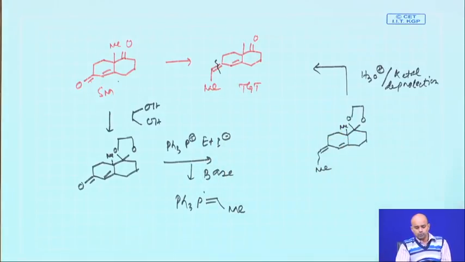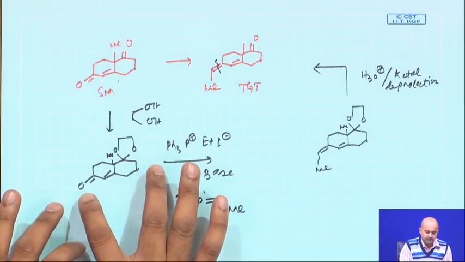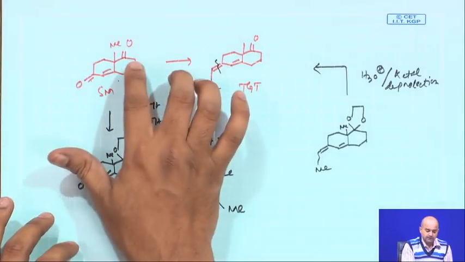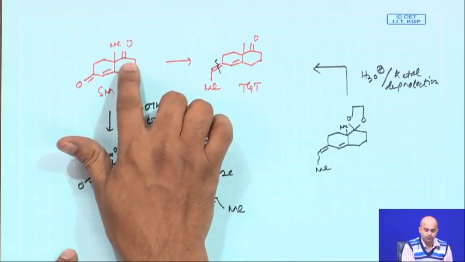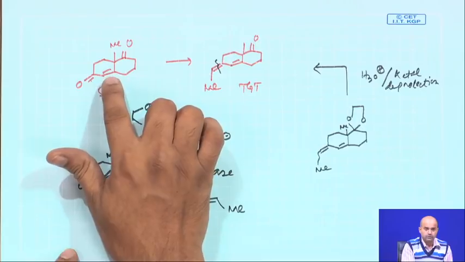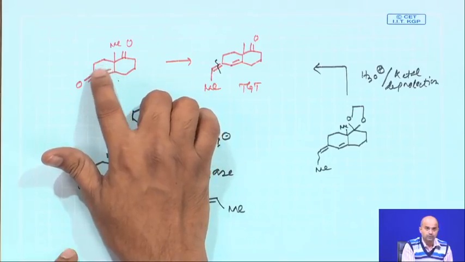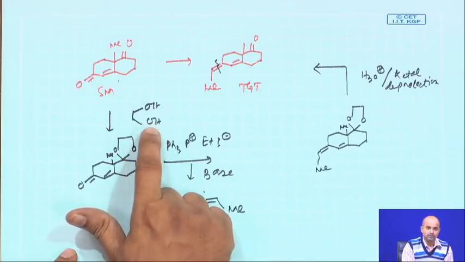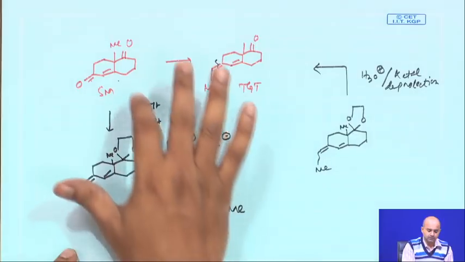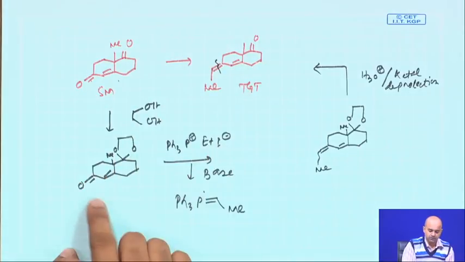The two carbonyl groups have a virtual rate difference for the initial protection: the saturated carbonyl compound is much more reactive, because for the unsaturated carbonyl compound the electronic nature is a little different due to this resonance. The saturated one reacts faster with ethylene glycol and gives the cyclic ketal. So this reactivity is suppressed, then you do the Wittig reaction with this reagent and end up with the target.